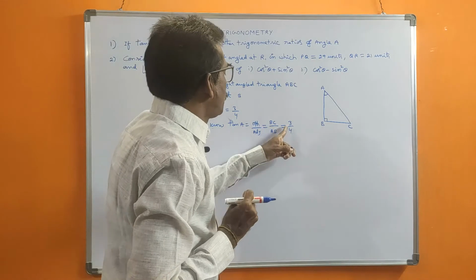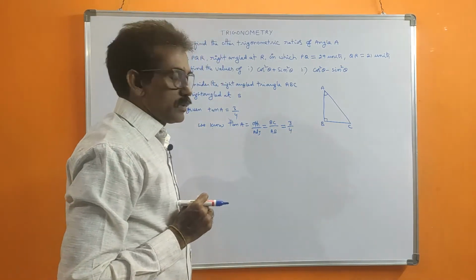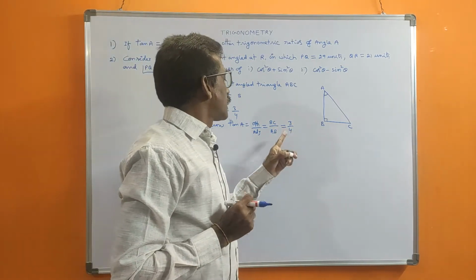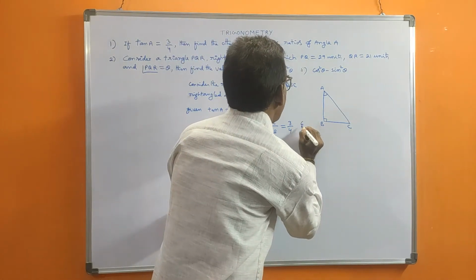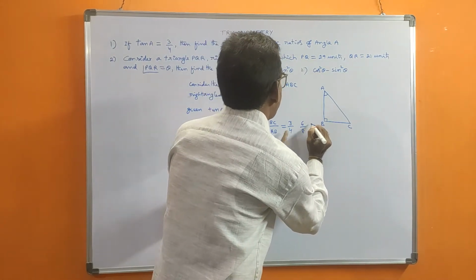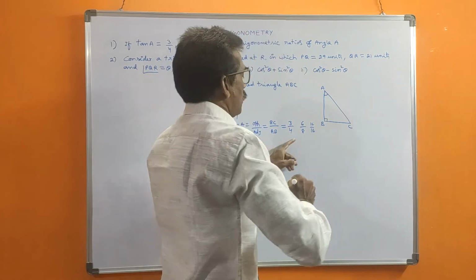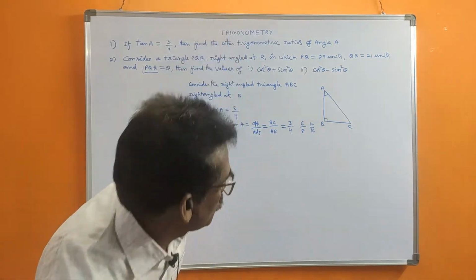This does not mean BC is equal to 3 and AB is equal to 4. The ratio is 3 by 4, so this may be 6 by 8 also, or 12 by 16 also. Any values may be, we don't know.